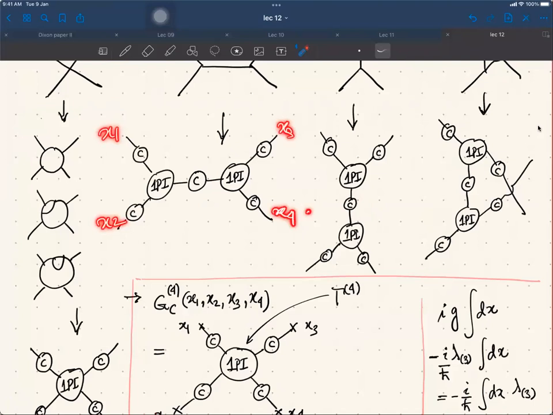Now interchange x1 and x4, then you see here in this diagram x1 and x2 are going to one single vertex, but when you interchange x1 and x4, then x1 and x2 are going to two different vertices. That is basically the difference between these two channels. Look at these two lines, they are going to the same vertex. In this diagram, they are going to two different vertices. That is why these are two different topological channels.